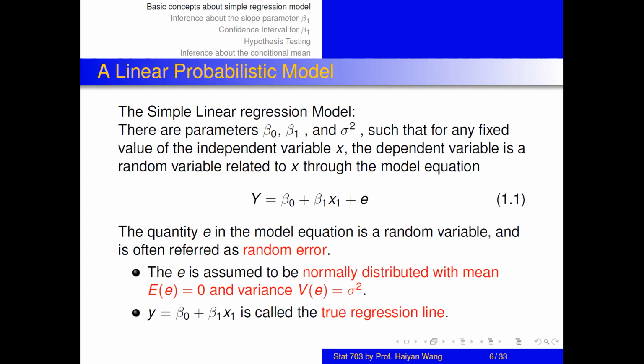As you already saw, the plot contains some variation that's not in the straight line. And therefore, we write this model as a probabilistic model, meaning that the observation y can be decomposed as the mean of y, plus some error part. The mean of y is that linear pattern.